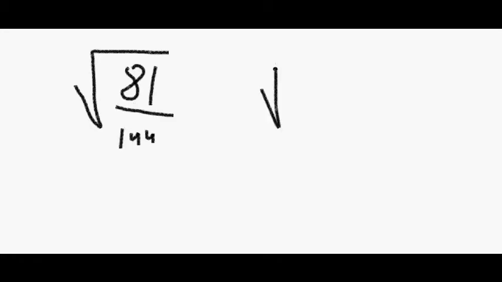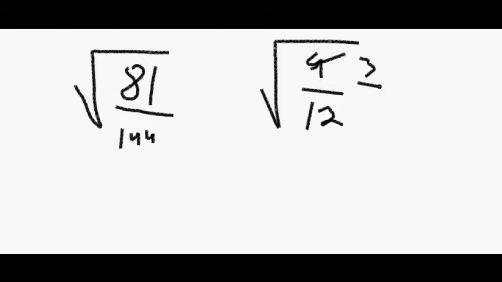We have the square root of, I'll change it up, 81 over 144. Same philosophy, looking for what two numbers give us 81. We know it's 9. And what two numbers multiplied together give us 144, the identical, which is 12. Well, look at that.